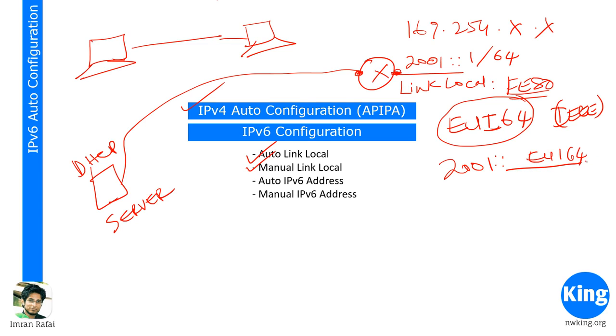That's absolutely possible, and that is a way to automatically configure an IP address, and we'll show you how to do that in a bit. And manual IP address configuration, like we did, you put the IPv6 address with /64, and that is the manual IPv6 address configuration. So let me show you how to do the automatic EUI64 format.